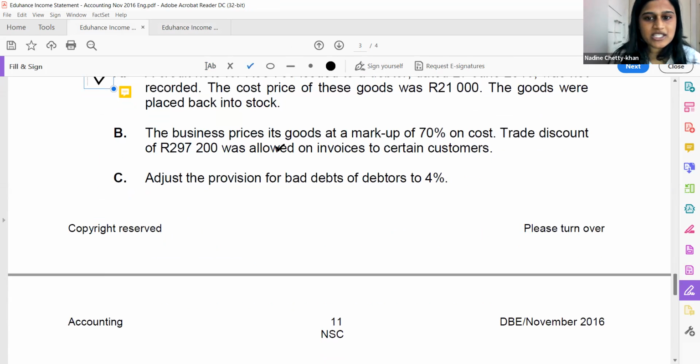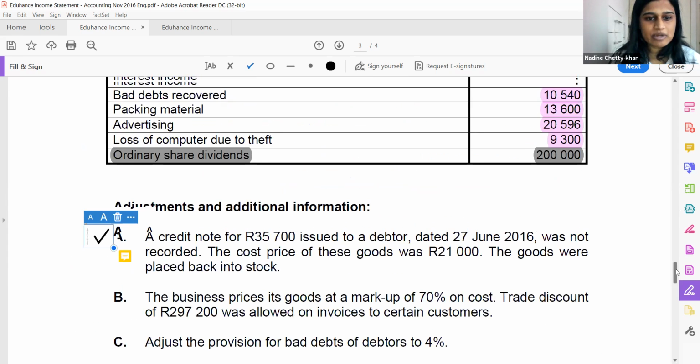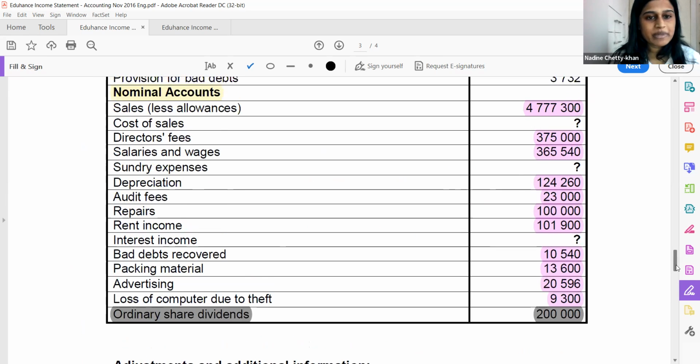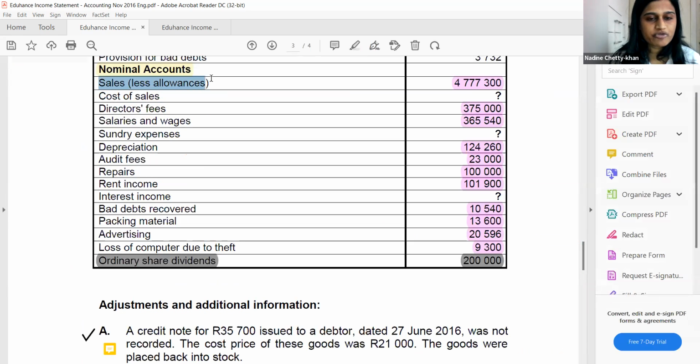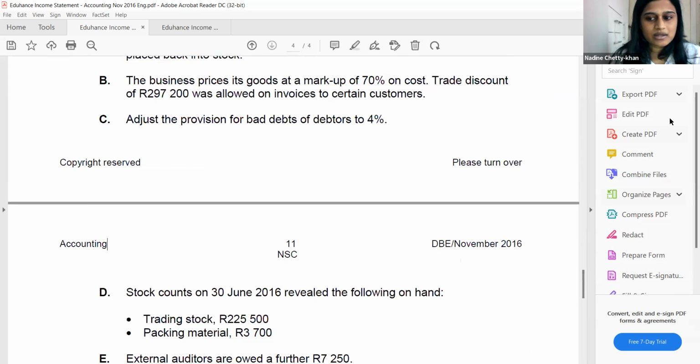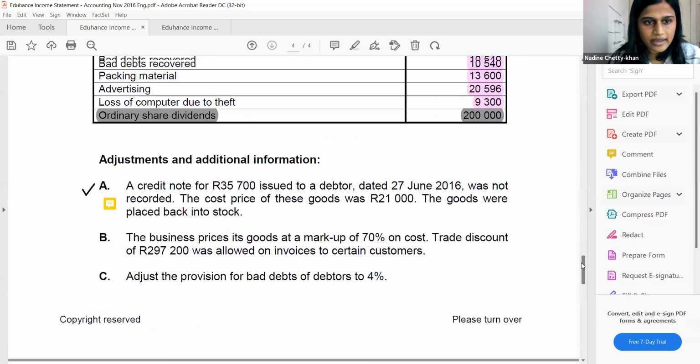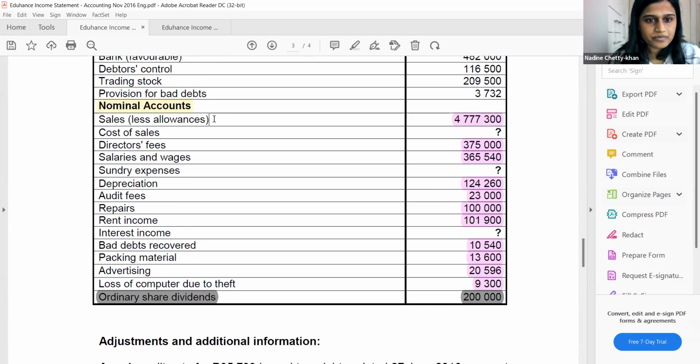The business prices its goods at a markup of 70% on cost. Trade discount of 297,200 was allowed on invoices to certain customers. Okay, so remember trade discount is subtracted from sales. The way the information was presented to us in this scenario basically showed that sales was less of those allowances.